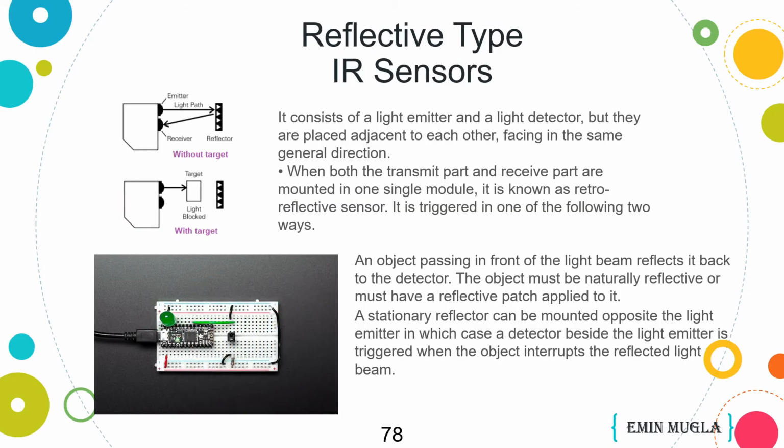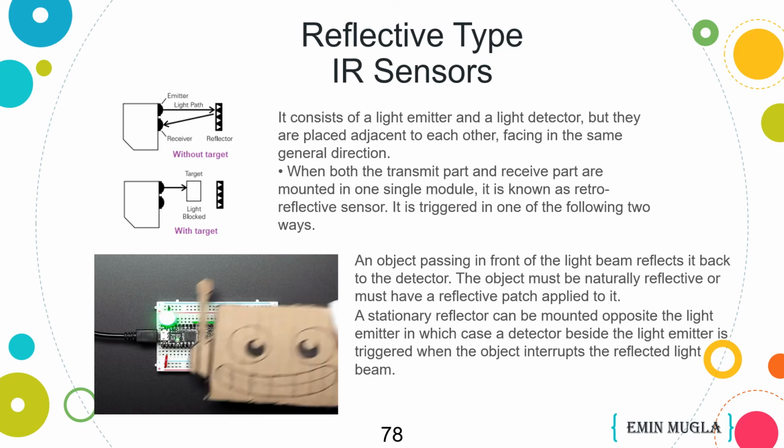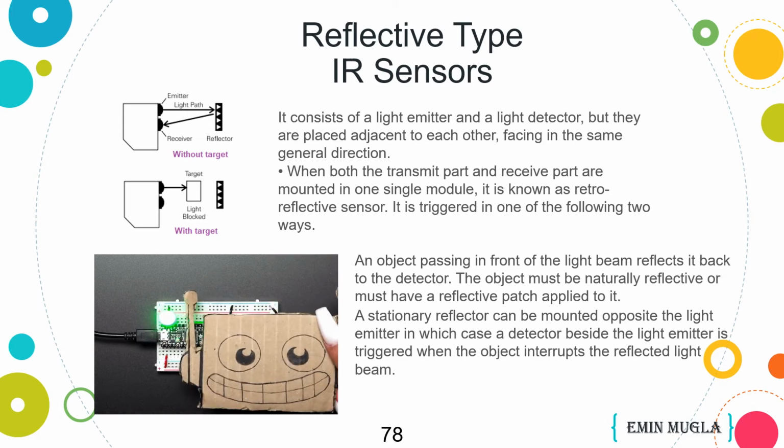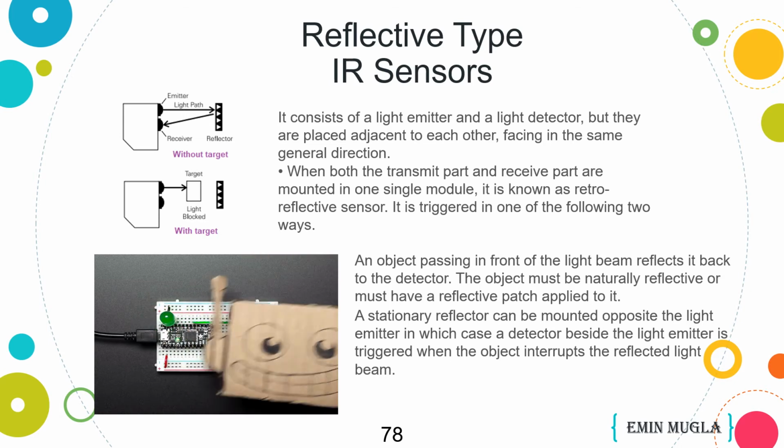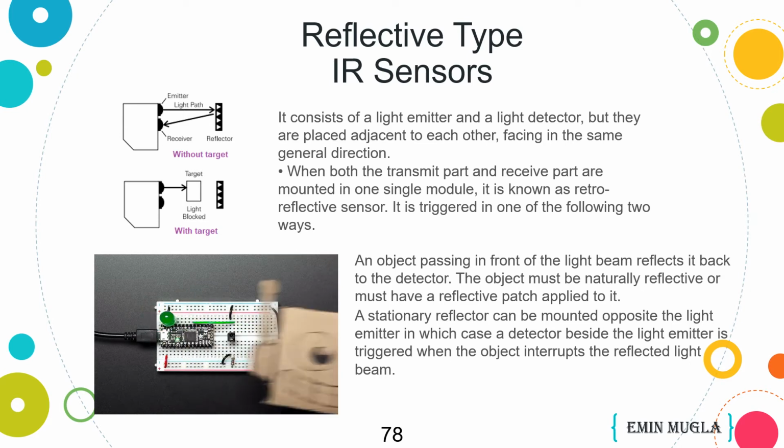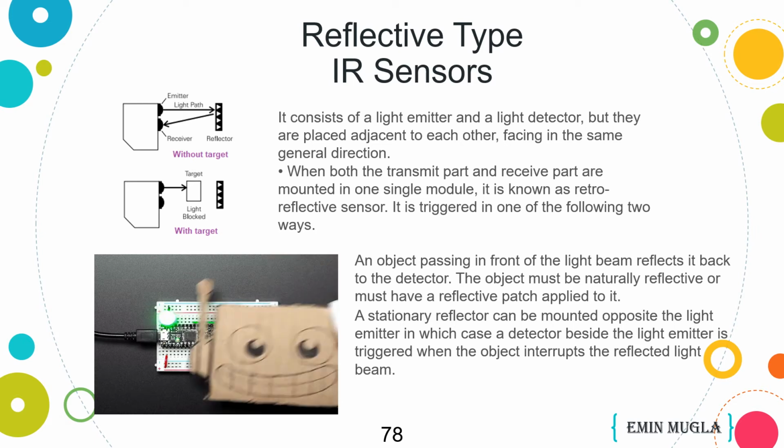And the reflective type IR sensor consists of a light emitter and a light detector, but they are placed adjacent to each other, facing in the same general direction. When both the transmit part and the receive part are mounted in a single module, it is known as a retroreflective sensor. It is triggered in one of the following two ways.